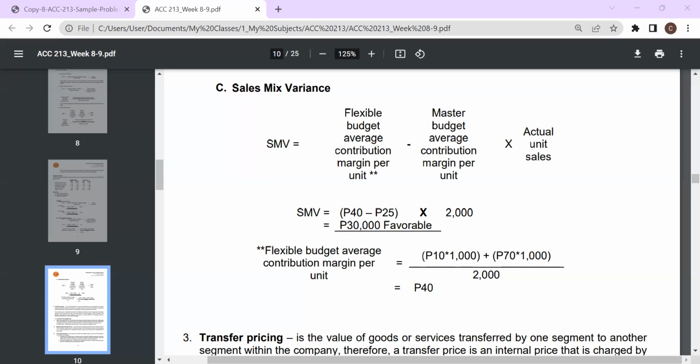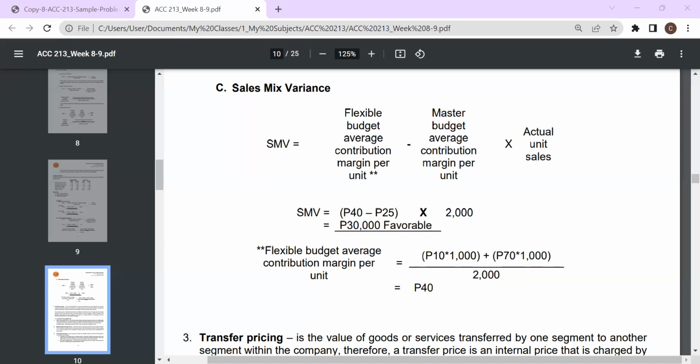Then we multiply it by our yung tinatawag nating average contribution margin or master budget average contribution margin per unit. So how do we compute for that? Your master budget average contribution margin per unit. So this is computed by, of course, kunin natin yung mga budgeted na contribution margin. So for example, for product Zim, that's 6, no?